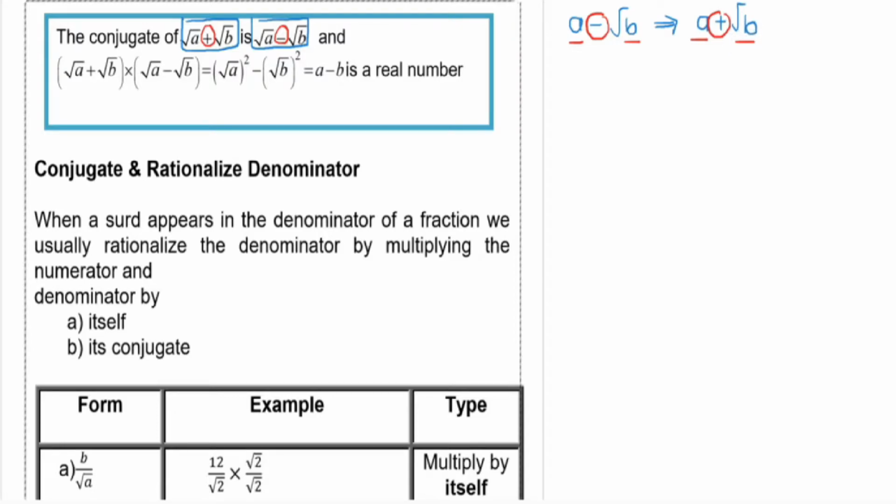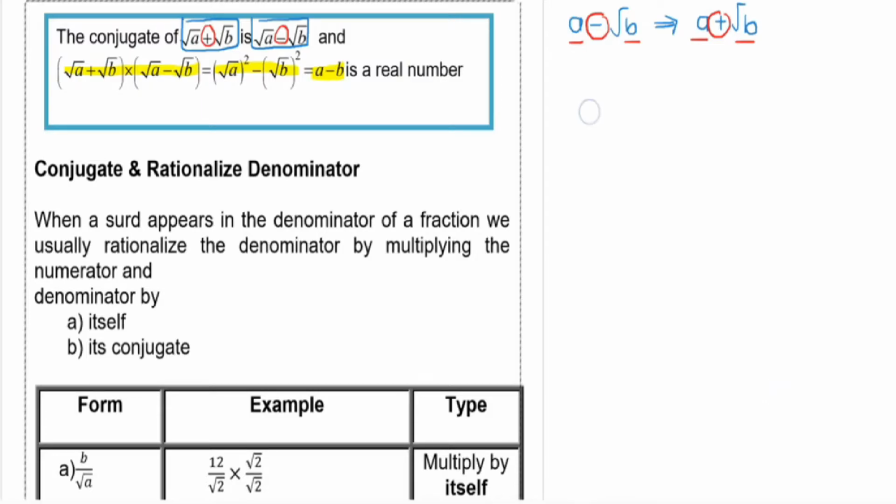The conjugate can be very useful because when we multiply some number by its conjugate, for example, √A plus √B times √A minus √B, we will get √A squared minus √B squared, which equals A minus B, and this is a real number. How is this possible? Let's recall from our previous knowledge, which is expanding the bracket.